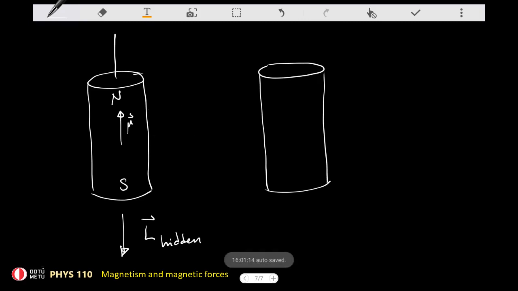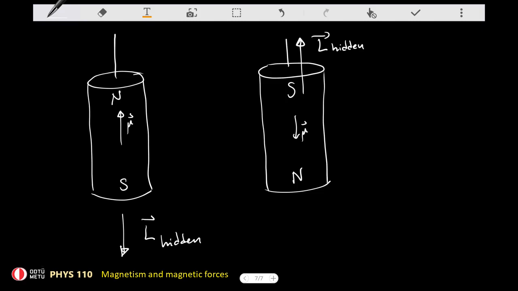If we apply a sufficiently large magnetic field in the opposite direction, we can switch the places of the north and the south pole. In which case the magnetic dipole moment changes direction, which means that the hidden angular momentum also changes its direction.